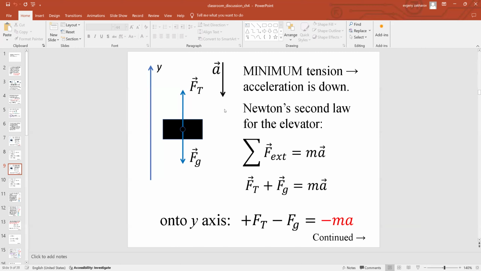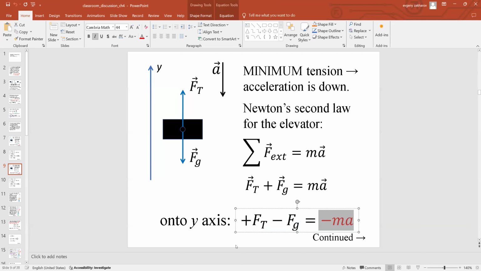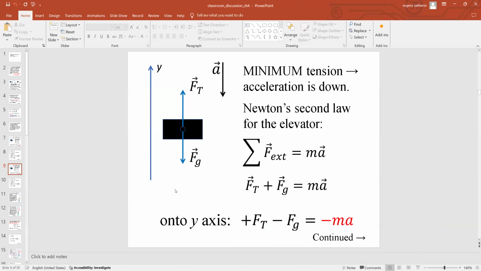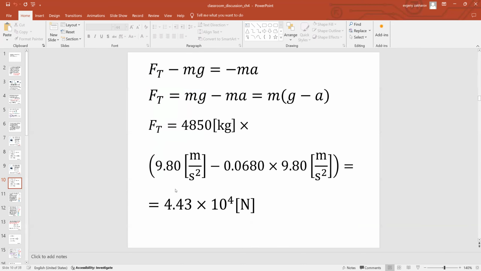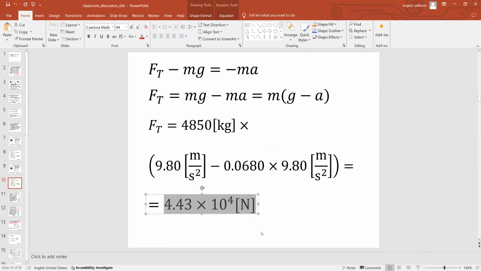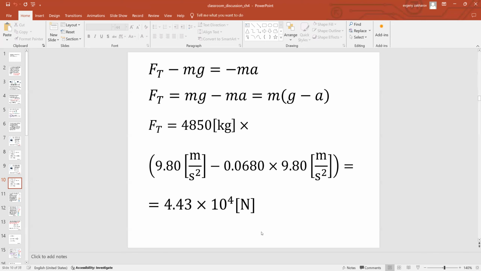So acceleration is downward and our y-axis is upward. Your acceleration is now negative. So positive tension, negative gravity, and now negative acceleration. Do the mathematics, do the calculations, you end up with 44,000 newtons, which makes sense.